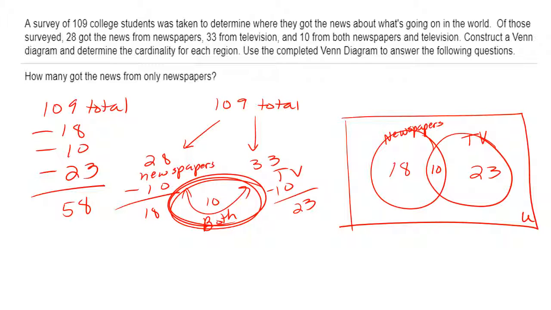Now, that's 58 students who would be outside of these two circles. Apparently, these students must get their news from an app or from some other mode, from word of mouth. Now, the question is, how many students got the news from only the newspaper? The answer would be, as you can tell from our diagram, 18 students.